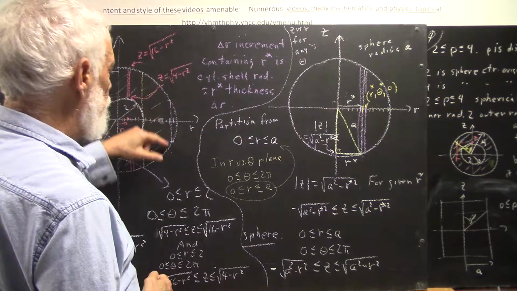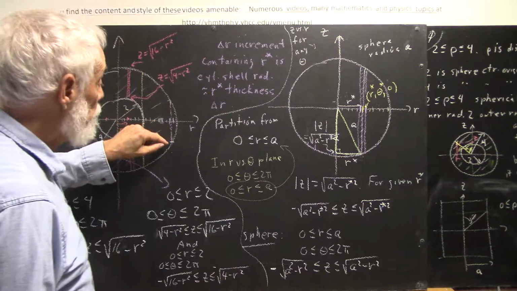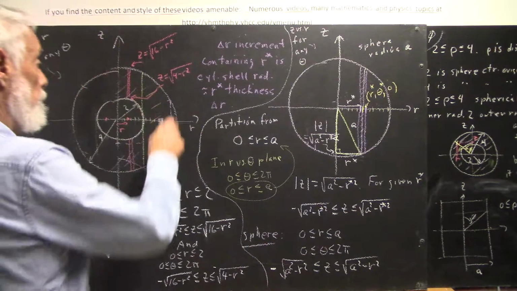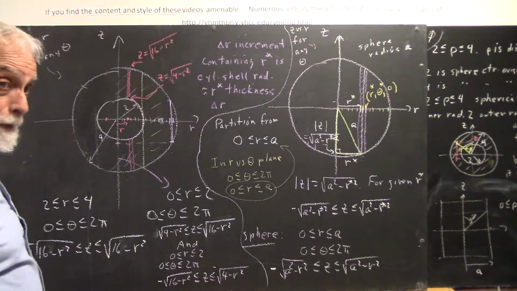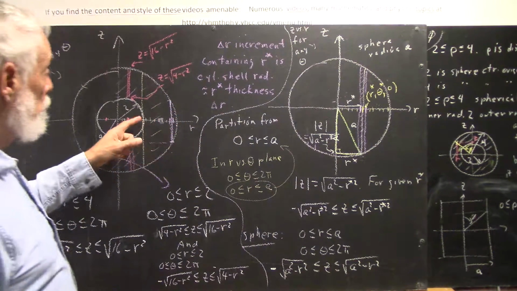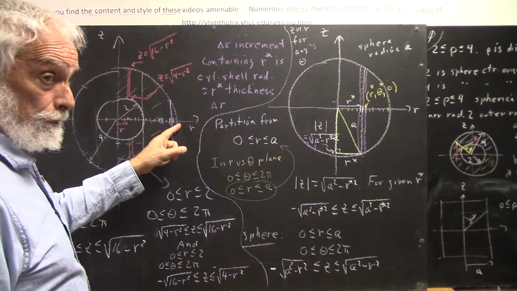And we have nothing in between to interfere. In other words, z goes all the way from here to here, and we stay inside of our spherical shell. And that's going to be true for any r between 2 and 4.